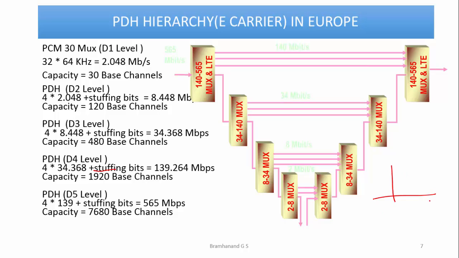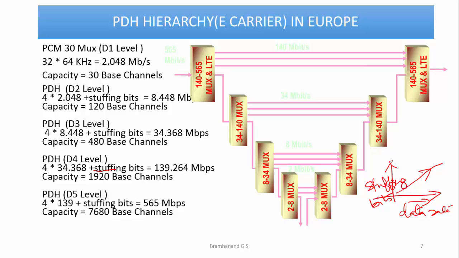We have to note one thing very clearly, that when the data rate increases, the overhead percentage also increases. The stuffing bits which we add increase when the data rate increases.